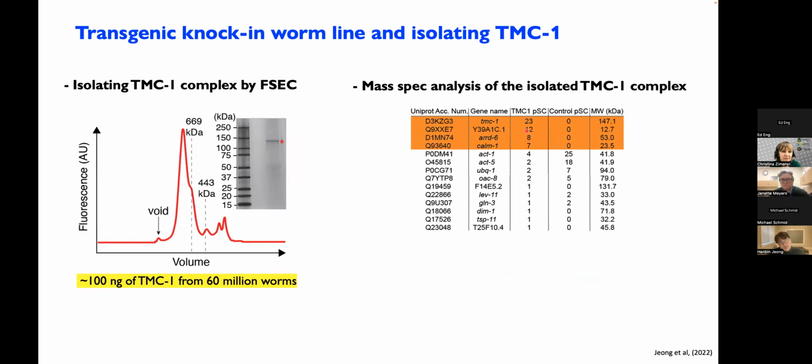Actually, I analyzed 2 samples. One is the TMC1 isolate from worm, and the other is just a control sample, which uses just wild type worm and follows the same protocols to isolate TMC1 and elute, with nothing from the beads, and I sent the sample also to the mass spec.